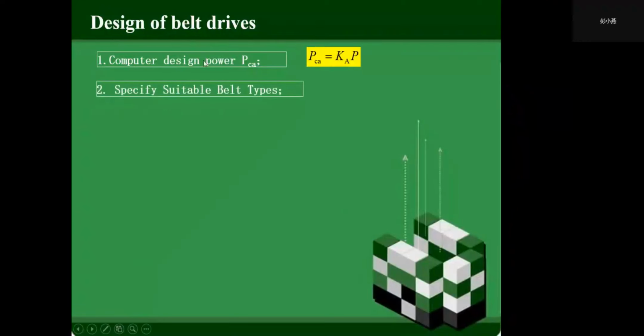First, calculate the design power PCA, and then specify a suitable belt type according to the rotational speed of the driving sheave N1 and the design power PCA.